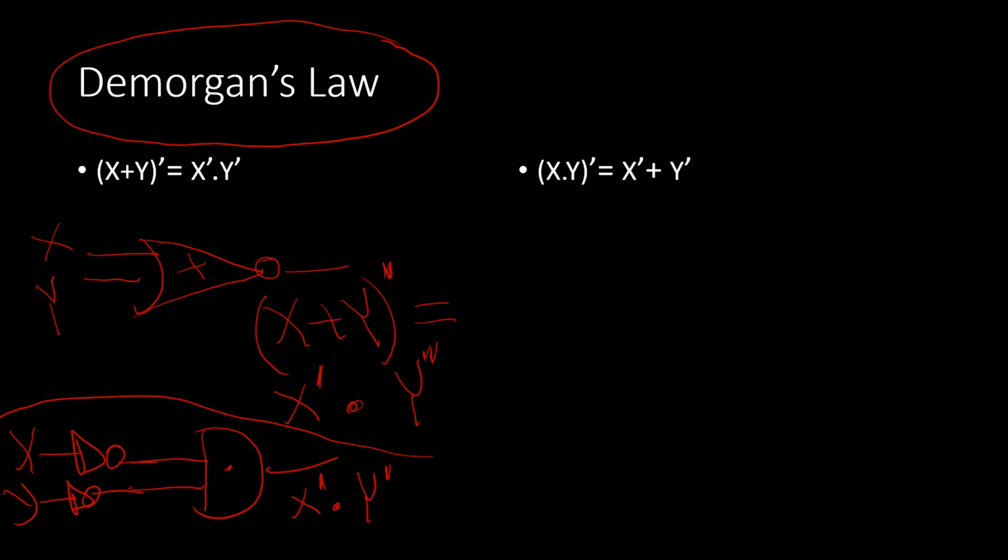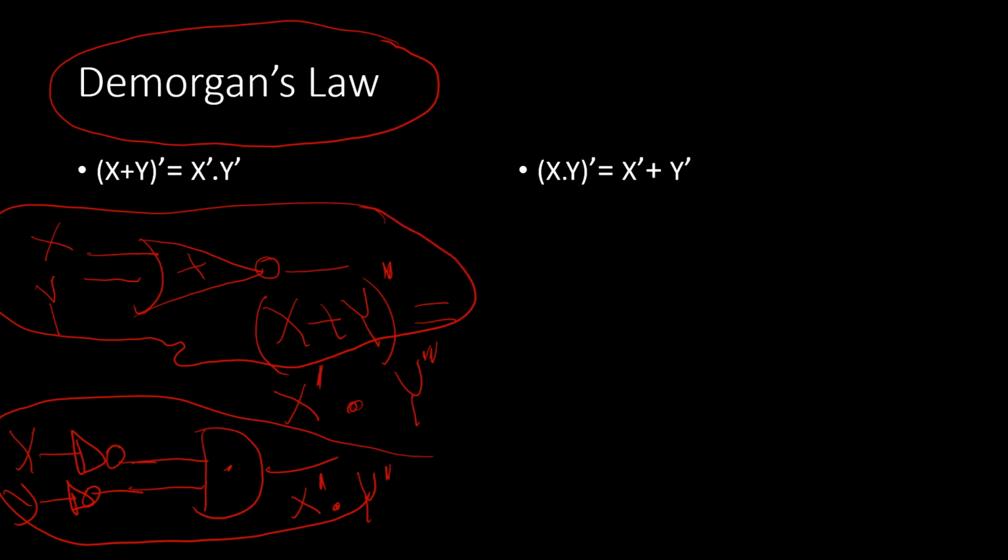This is equivalent to NOR operation. So this is what De Morgan states. But don't forget, we have first to invert the inputs. The inputs are inverted, then ANDed together, right? So, okay, this is the first part of De Morgan's law.